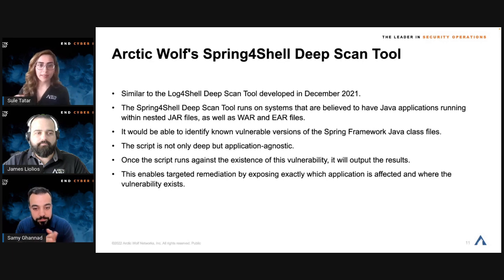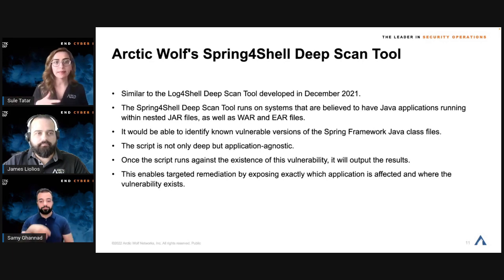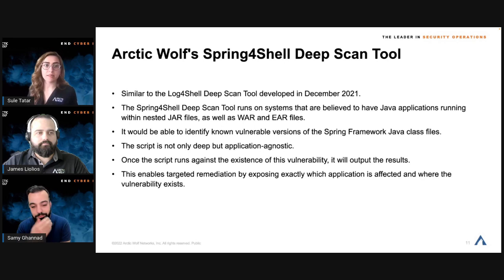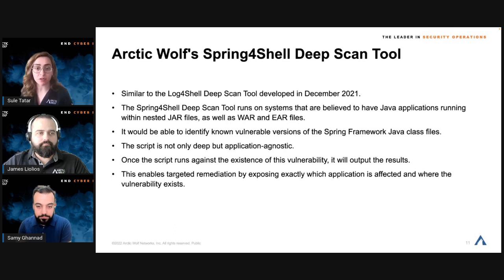Yeah, I am going to get into that, but before, I would like to add a little bit more color to this specific slide. The Arctic Wolf Spring4Shell Deep Scanning tool, delivered as a script, is a complement, not a replacement, to the other detection resources, so I would like to highlight that.